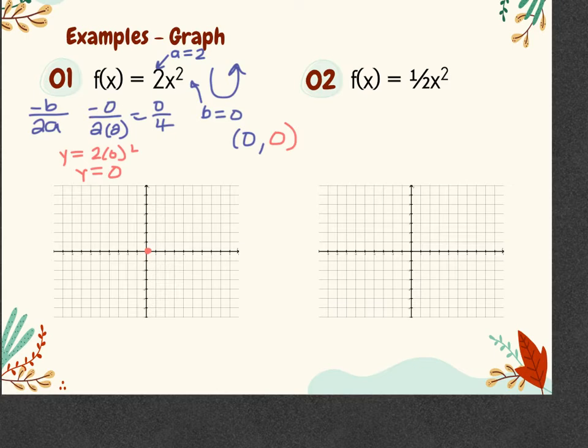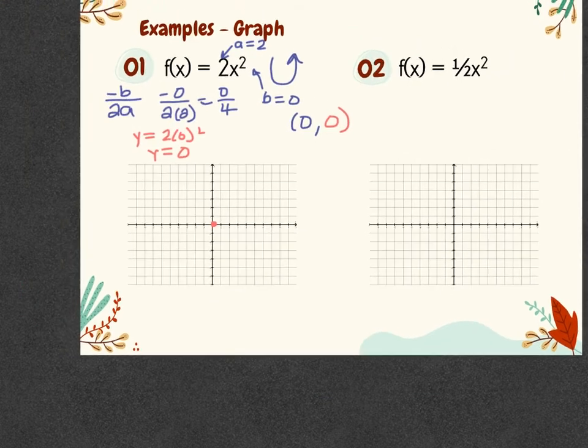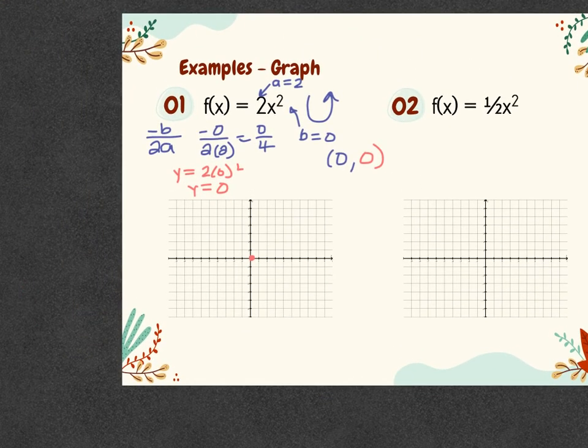How do I find a y-intercept? What do I plug 0 in for, the x or the y? Good, the x. So if I plug 0 in for x, I already found it, right?